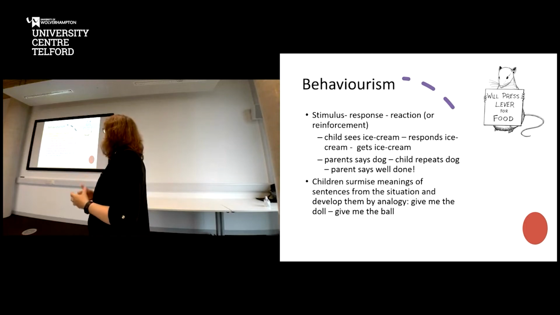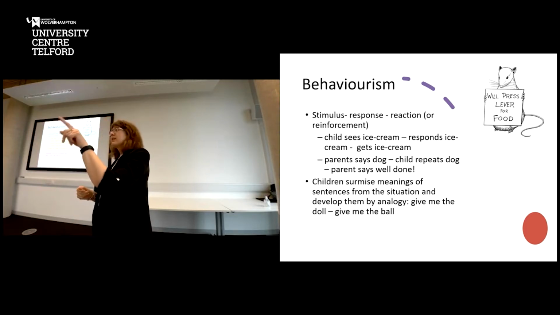And he argued that the same happened when children were learning language. There was a stimulus. For example, the child sees an ice cream. If they say, ice cream, that's their response. They then get the ice cream, and so that is the reinforcement.